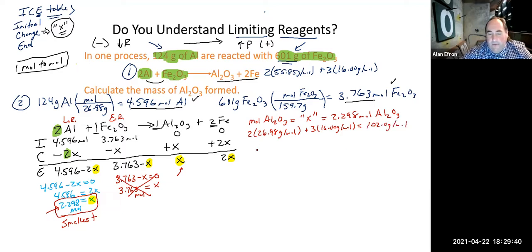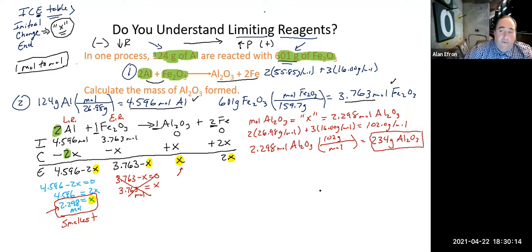So to answer our original question, we could take our 2.298 moles of aluminum oxide using the molar mass from the periodic table. We can convert those moles into grams, and that will tell us that we have produced, by punching maybe the right numbers there, 234 grams of aluminum oxide.